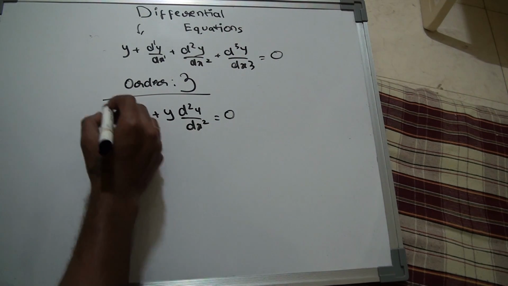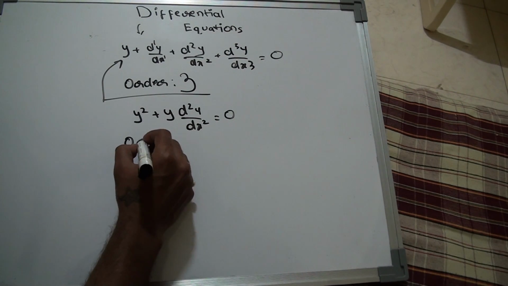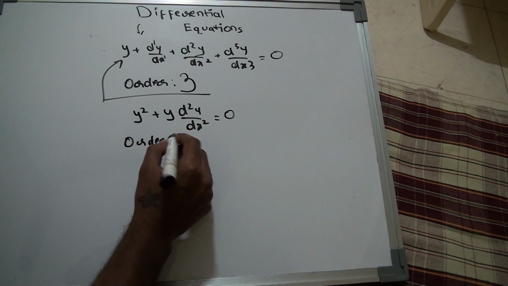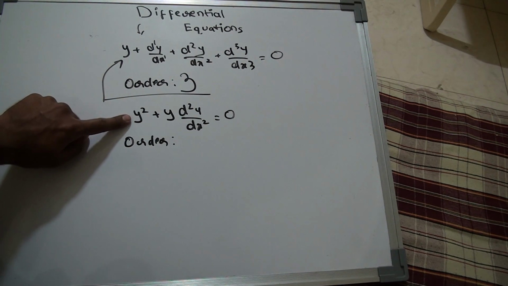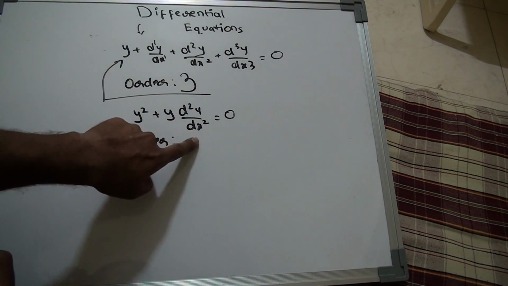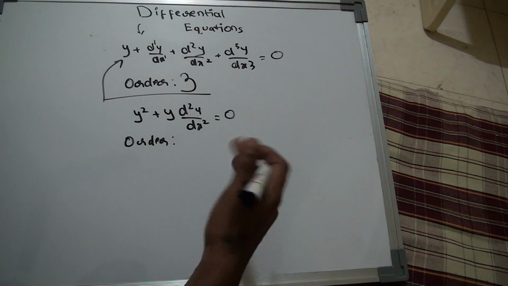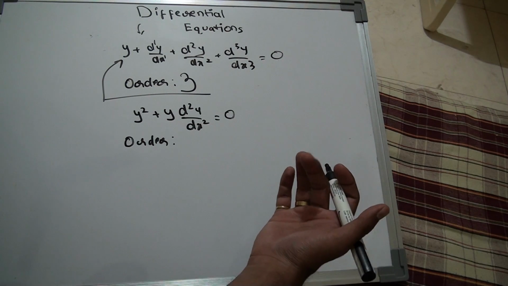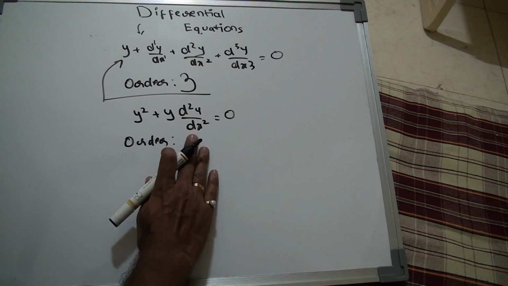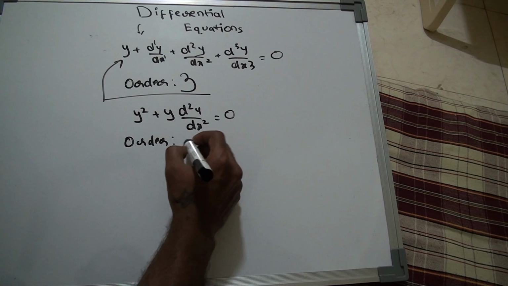Over here, what is the order? Now see carefully. Over here, how many times is the derivative taken? 0. Over here, it is directly taken twice. Do you have any more term where you've taken more derivatives? No. So the highest order of derivative over here is 2.